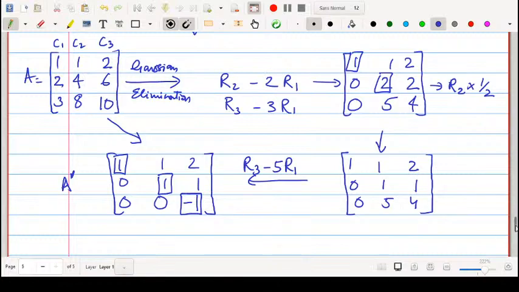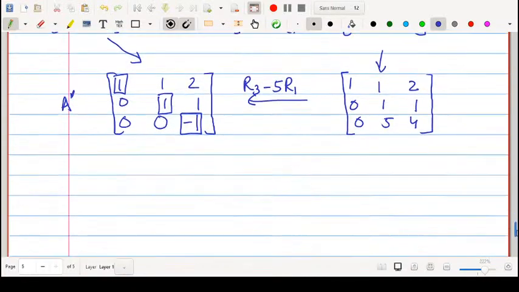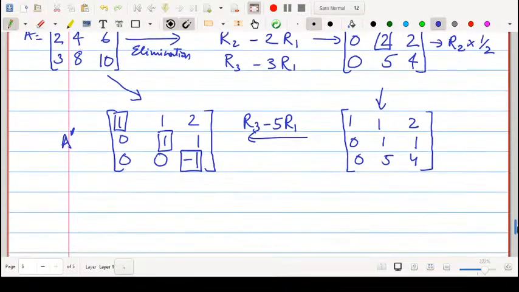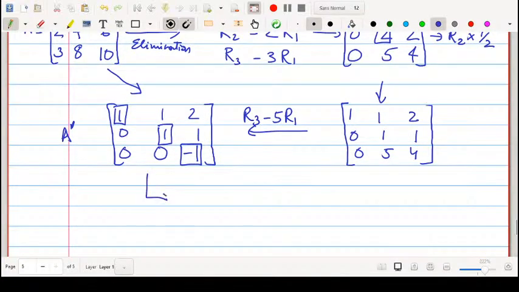Okay, so now I was saying that I want to look at it in terms of the columns, right? Now notice that this has a unique solution. If I talk about AX equals B or AX equals 0, I know the following.